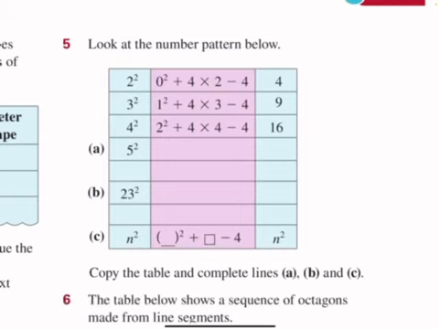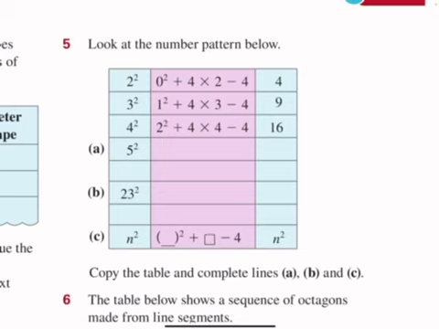It starts at 2 squared. The pink section of the column is the formula, and the last column represents the answer. Everyone knows 2 squared is 4, 3 squared is 9, 4 squared is 16. But how do we get to that conclusion?